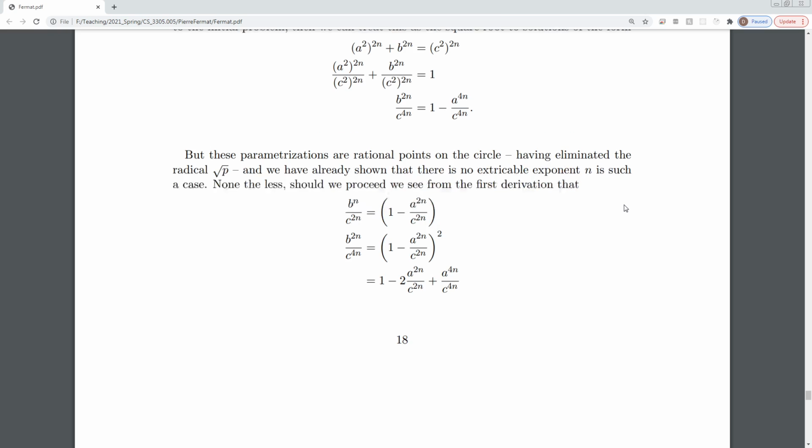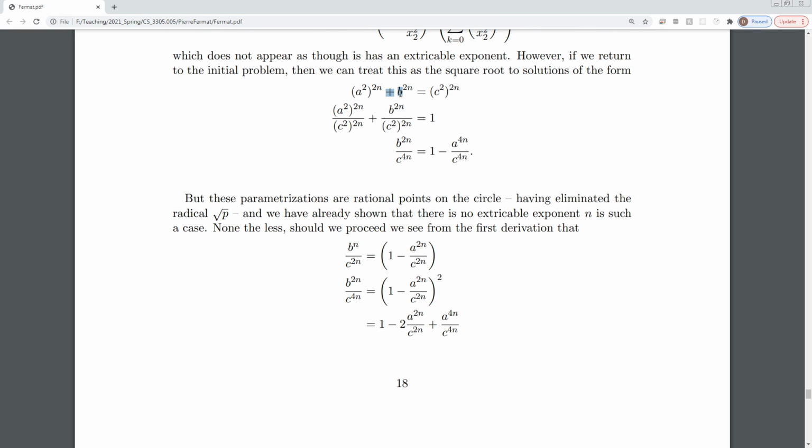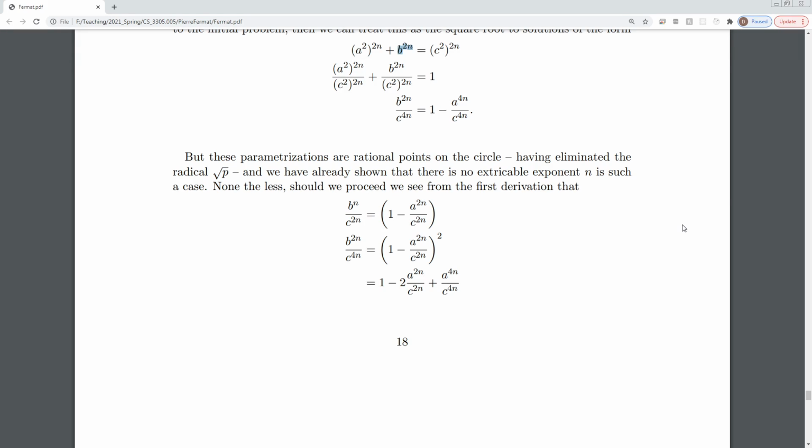But solutions of this form, we had constructed it so that our points would have radicals, so we've already gotten rid of it. And on top of that, or as a result of that, we ended up with looking for solutions with rational points on the circle, or where we can extract some exponent n from a rational point on the circle. And we've already shown that we can't do that.